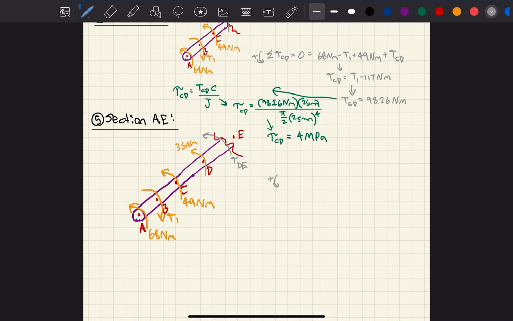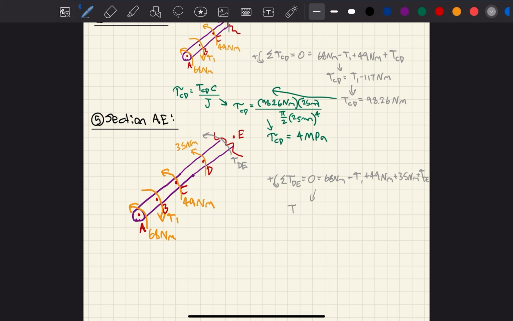Plus is counterclockwise. Sum of torques for section DE is equal to 0. I have 68 Newton meters minus T1 plus 49 Newton meters plus 35 Newton meters plus TDE, my torque that acts at my section.